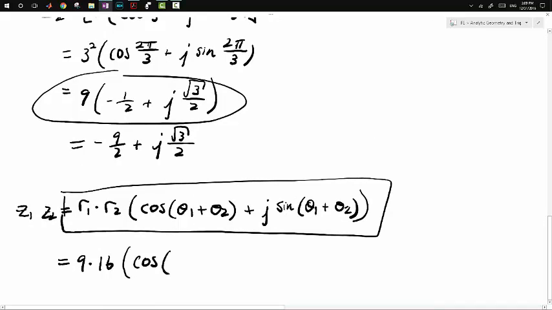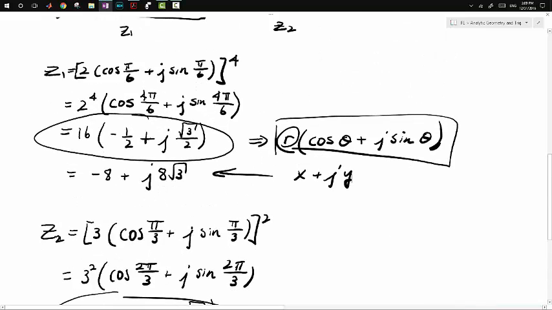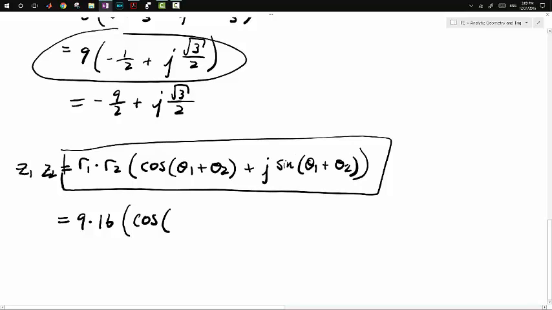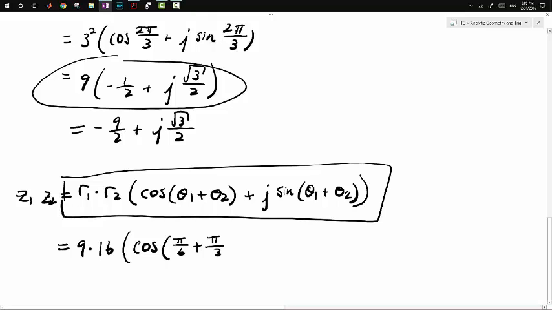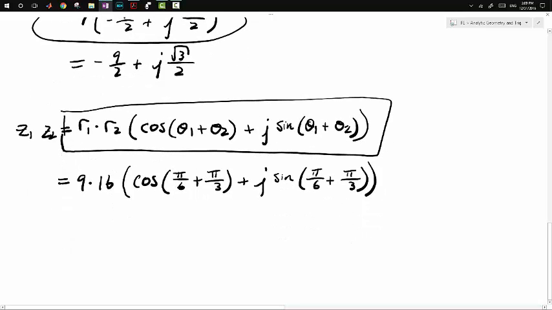So cosine of theta 1, which is pi over 6, plus theta 2, which is pi over 3, plus j times sine of pi over 6 plus pi over 3. So 9 times 16 is 144.